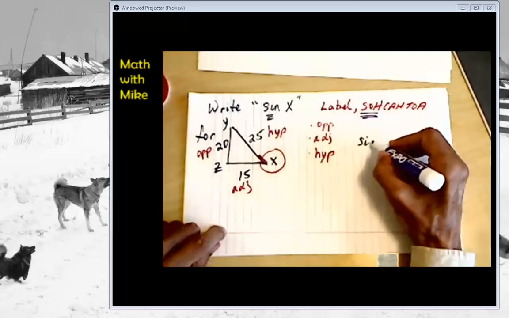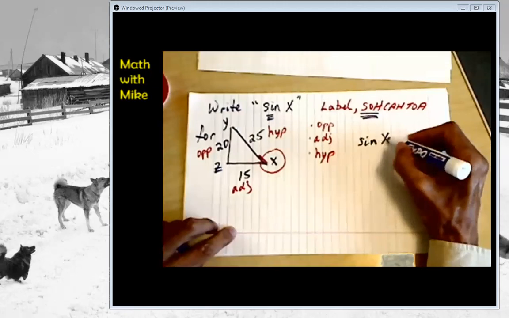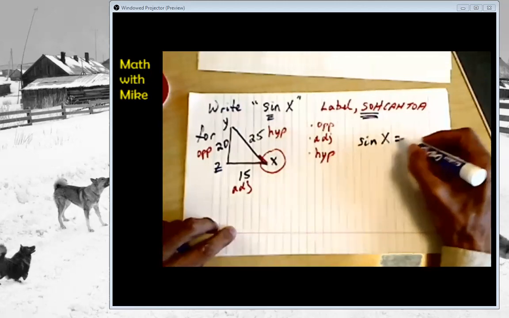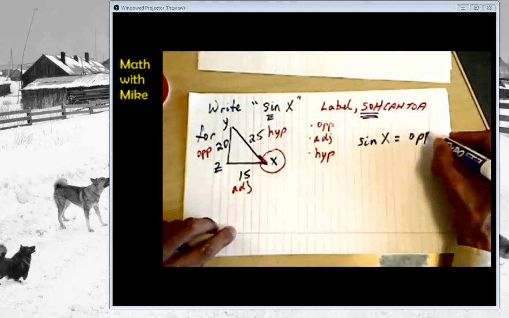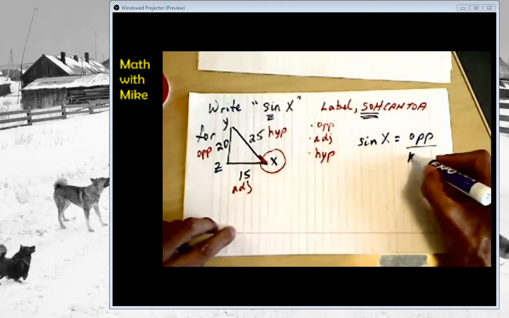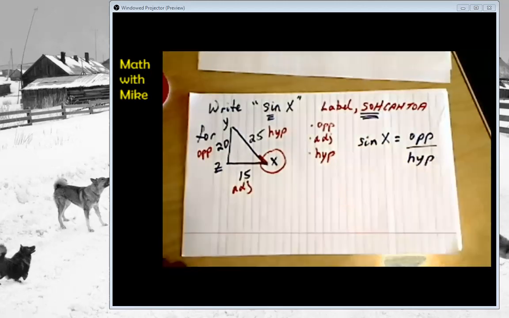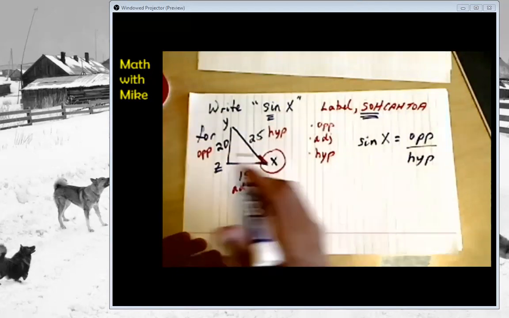So sine of the angle that we're working with is going to be the opposite side, the O, divided by the hypotenuse, the H. We got our numbers here.